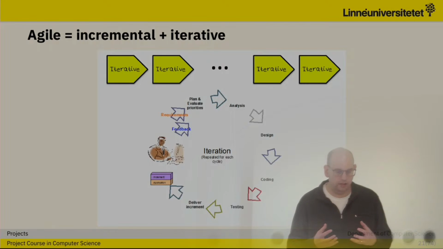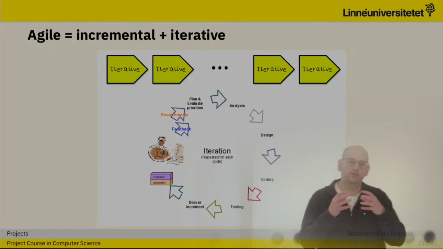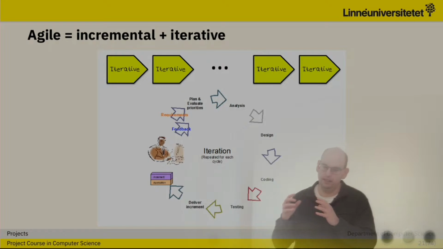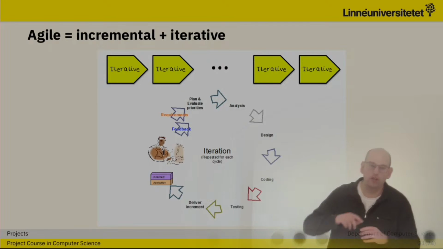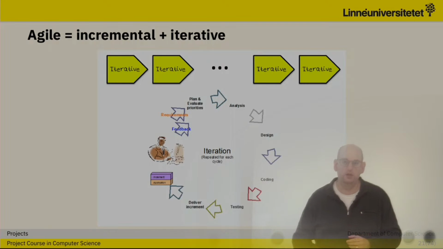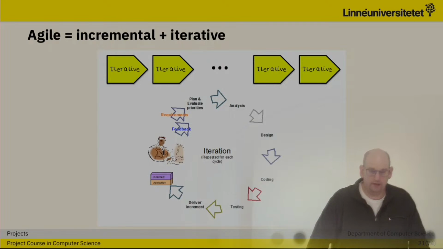Meaning that we will have an idea where all of these little chunks, all these increments are important. They need to have a business value, but we do all of these in an iterative fashion, which has a larger iterative process, which in the end will produce the final products.